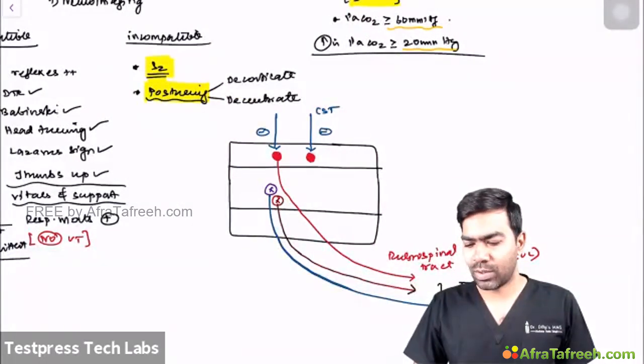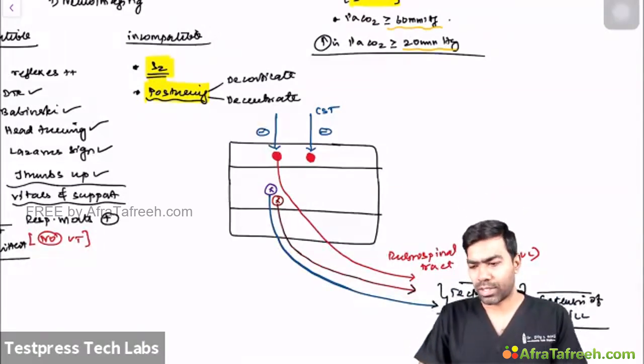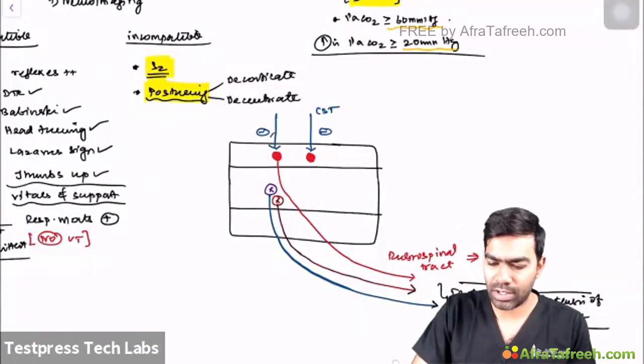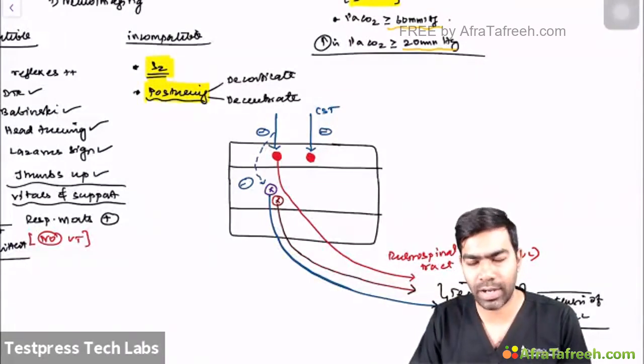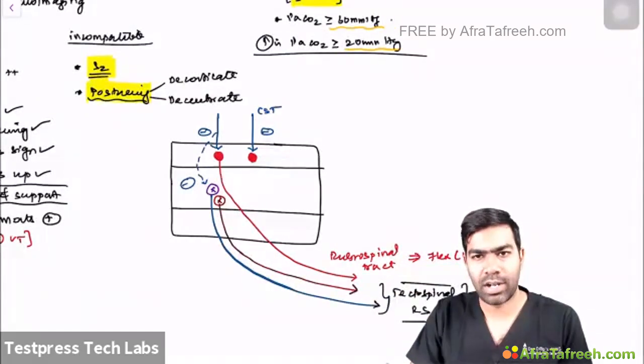What these are doing is causing extension of upper limbs and lower limbs, and this is the basis of the decorticate and decerebrate rigidity. And remember, the corticospinal tract tends to inhibit these extrapyramidal tracts as well, which means the corticospinal tract makes sure that the only dominant structure is the corticospinal tract whenever you are conscious. That's all.